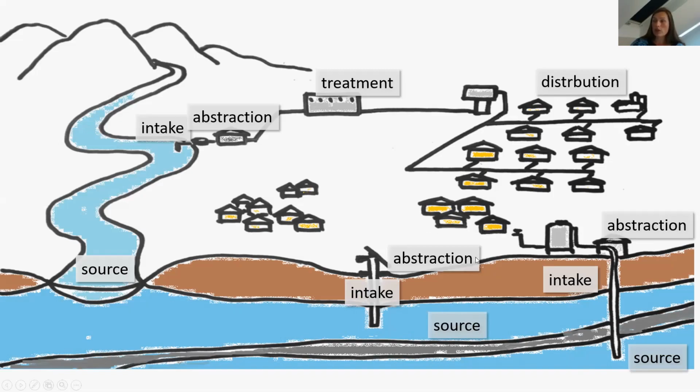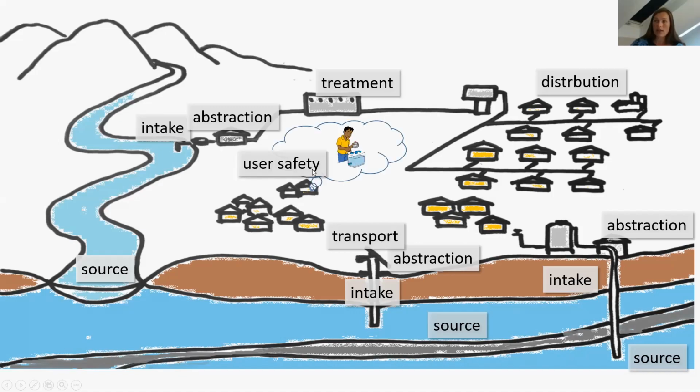So there's some abstraction system, which in our case is a pumping system. The water is also distributed or transported, but this time it is people who carry water with the jerry can home. And in the end, at the user level, we have to think of safety, for example through water storage containers or household water treatment, which happens at the safety level.